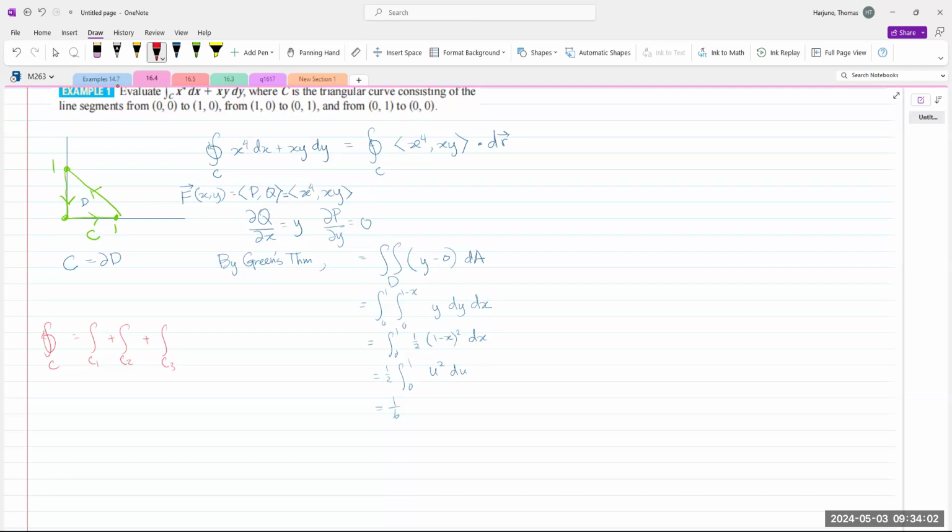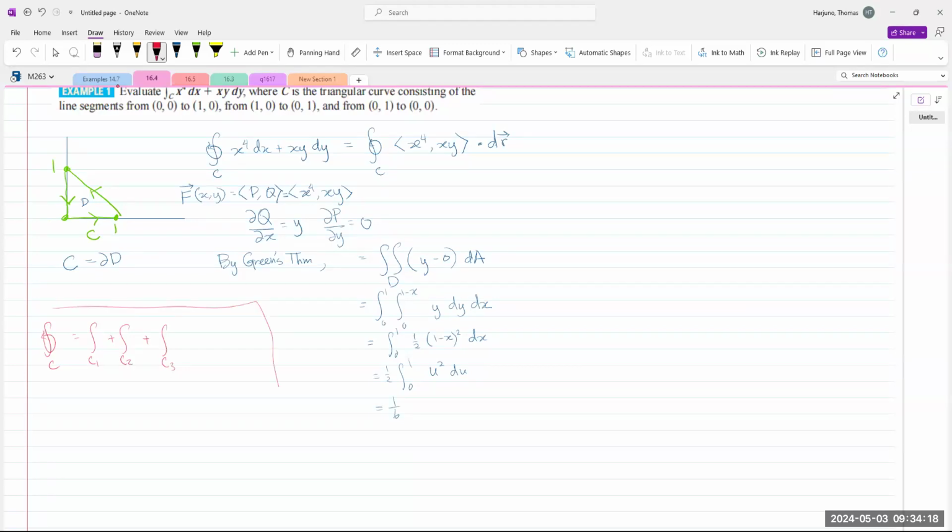Notice that if you break it up into C1, C2, C3, then for every path you need to parameterize the path, and then you need to reinterpret what x and y are in those segments. Let me show you what I mean.